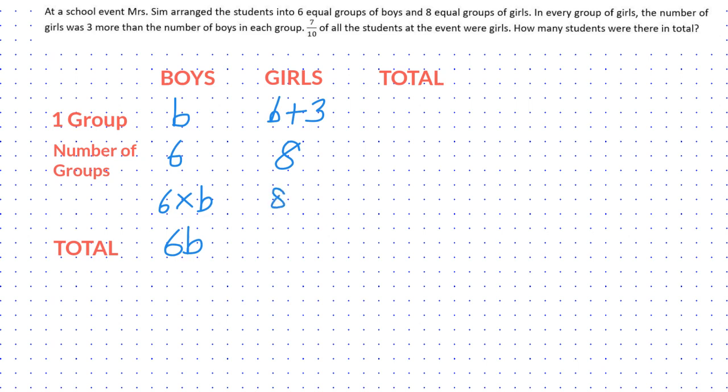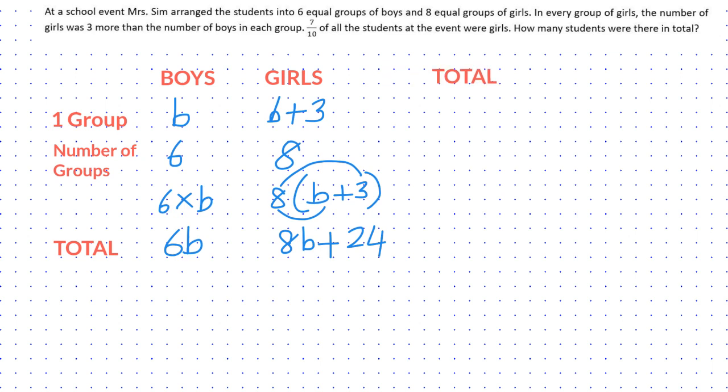So 8 into B plus 3 would give us the total number of girls at the event. So 8 times B is 8B plus 8 times 3 is 24. So the total number of girls at the event in terms of B would be 8B plus 24.